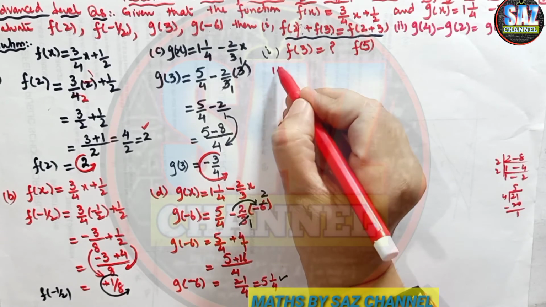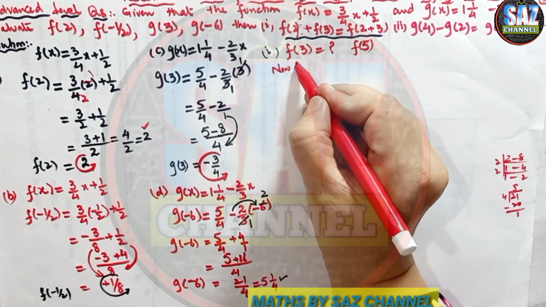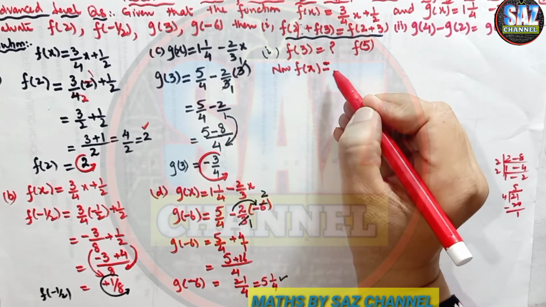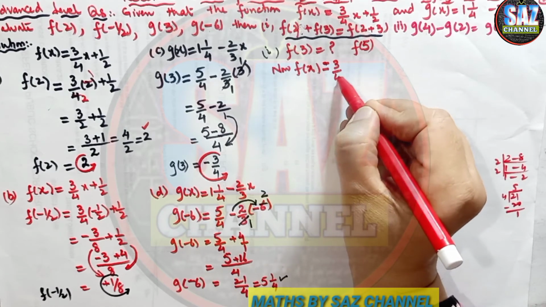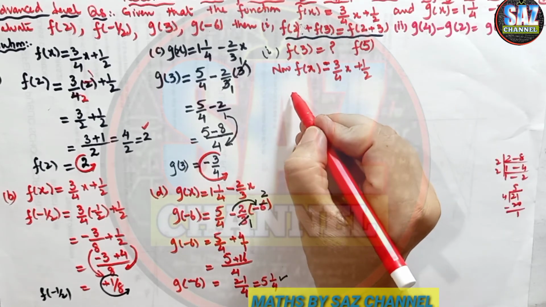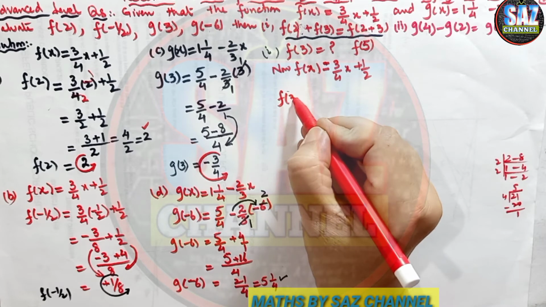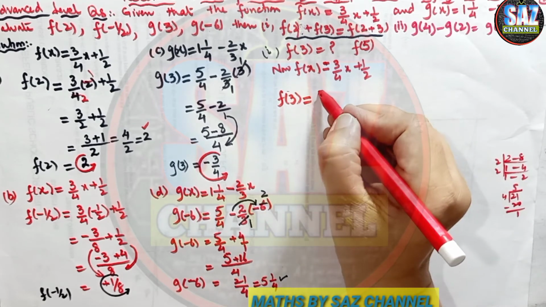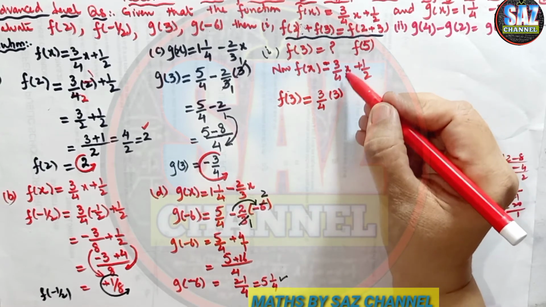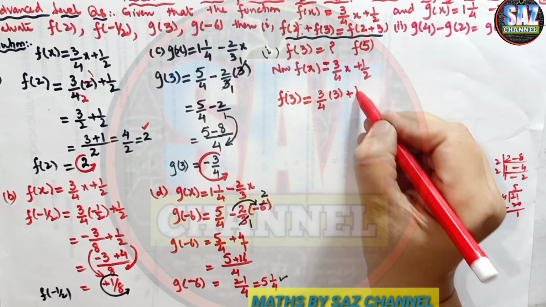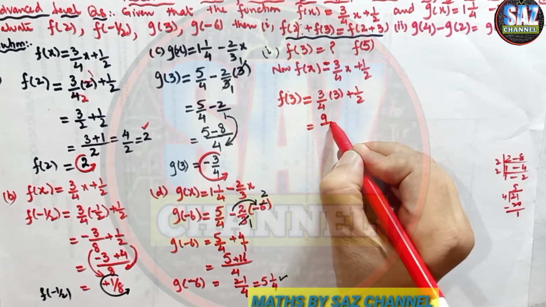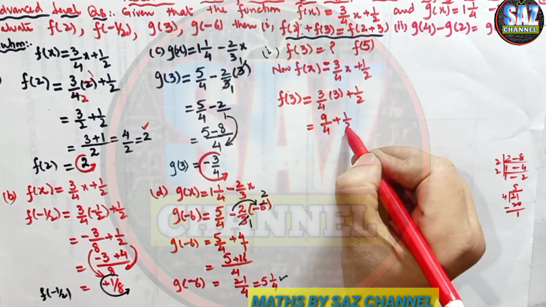Now f of x equals 3 by 4x plus half, and f of 3 will give me 3 by 4, and instead of the variable I have to replace 3, plus 1 by 2, and it will become 3 3s are 9 by 4 plus 1 by 2.